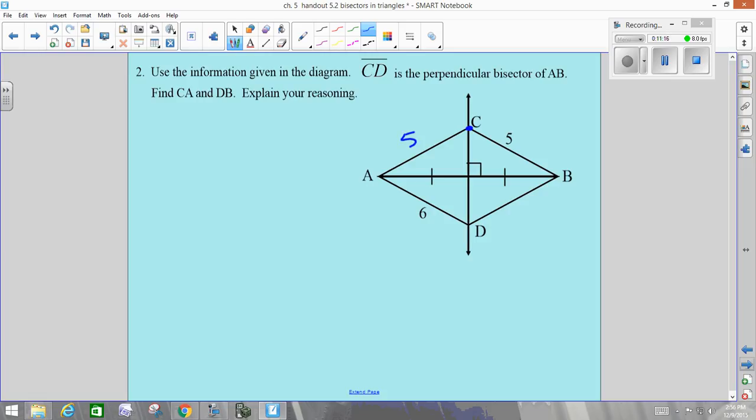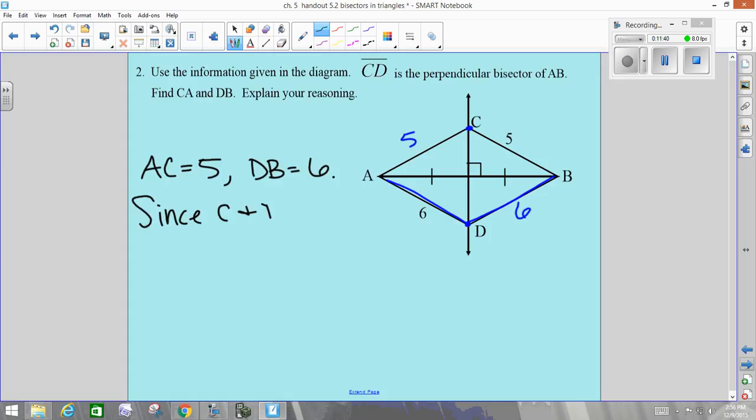5, good. D is on the perpendicular bisector. So the distance from that point to the endpoints of your segment has to be what? The same, so DB would be 6, good. So when you explain this, we're gonna write a nice sentence here. AC equals 5, comma, DB equals 6.